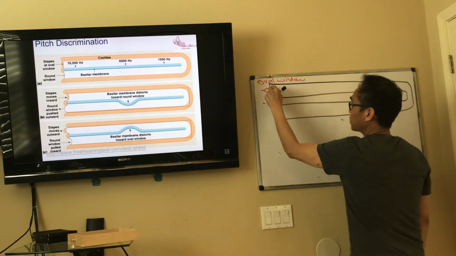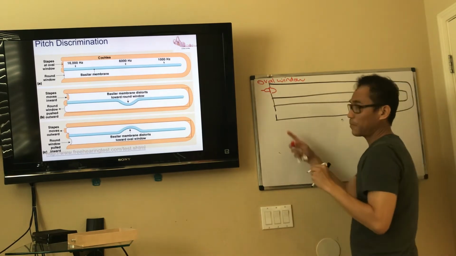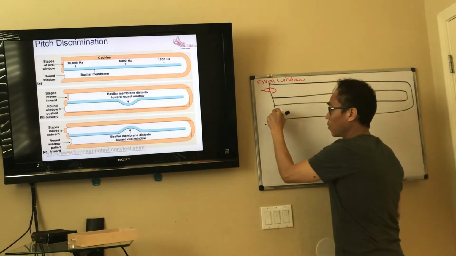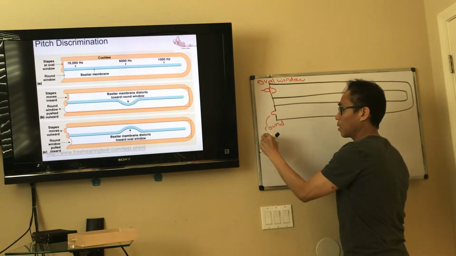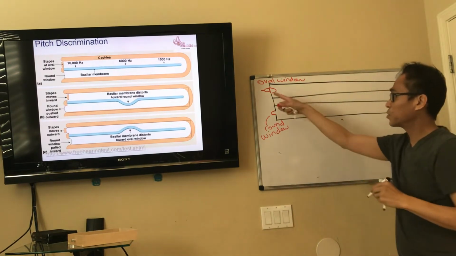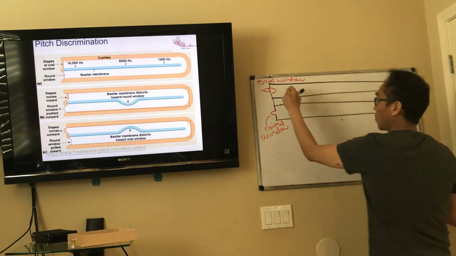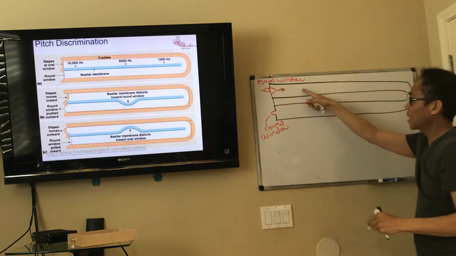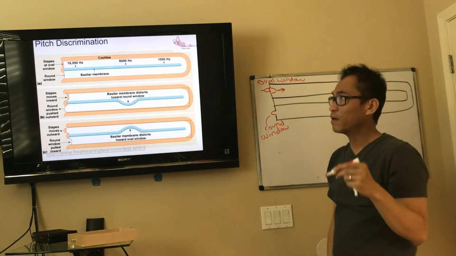Let's say it pushes it in, oval window being pushed in. That means you must push out the round window. You push in, you push out. And what's happening is you're transmitting this sound wave energy to this chamber up here. This is the scala vestibuli, or the vestibular duct.